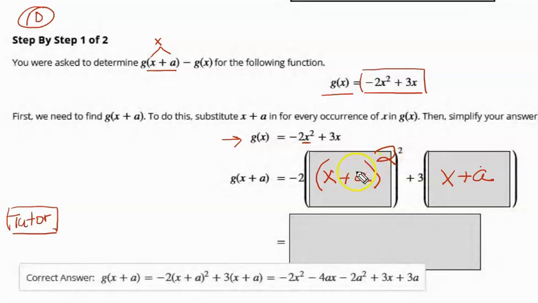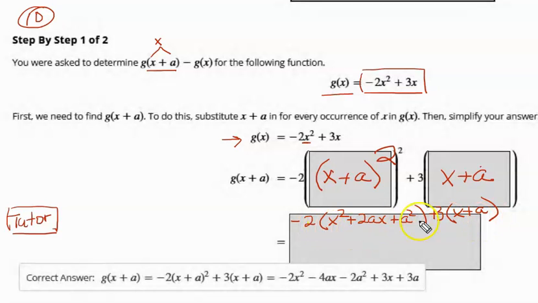Well, we're going to expand this, and let's do that in stages here. So this is going to be a negative 2. This will be x squared. Multiply these and double it, plus 2ax, plus square this, a squared. And this is going to be plus 3 times x plus a.